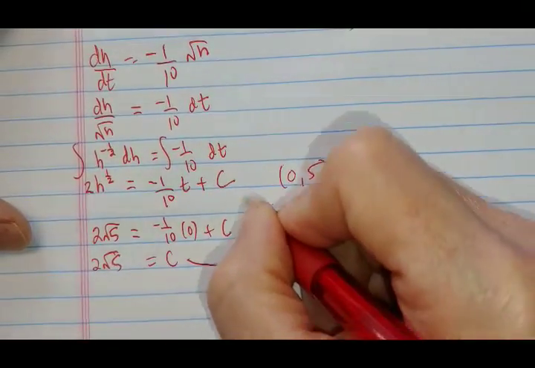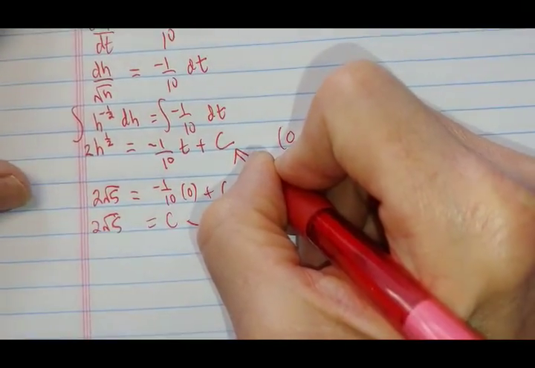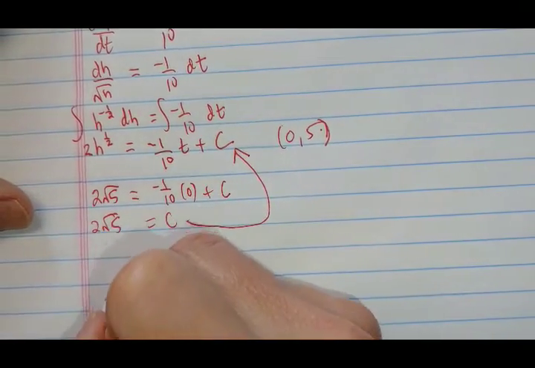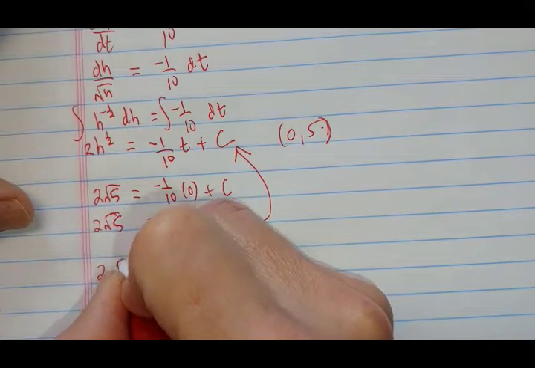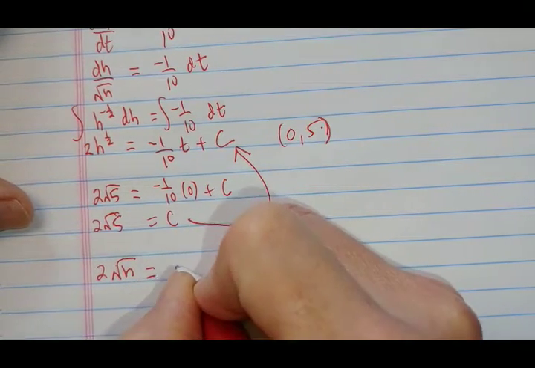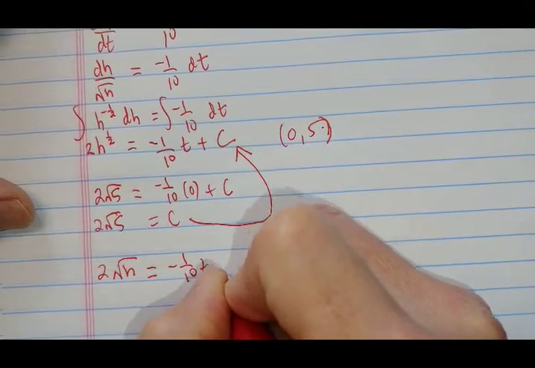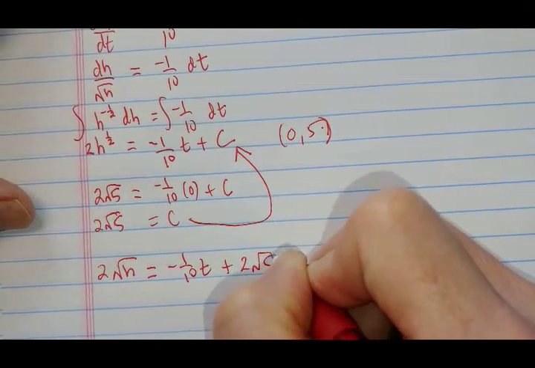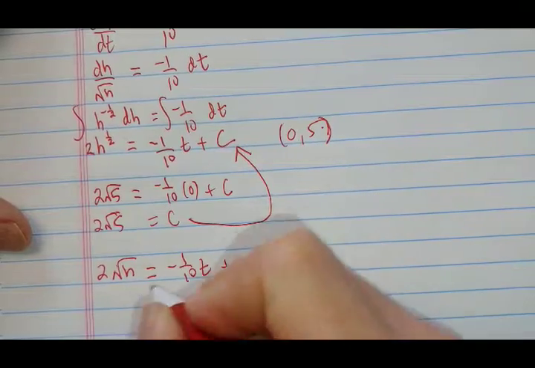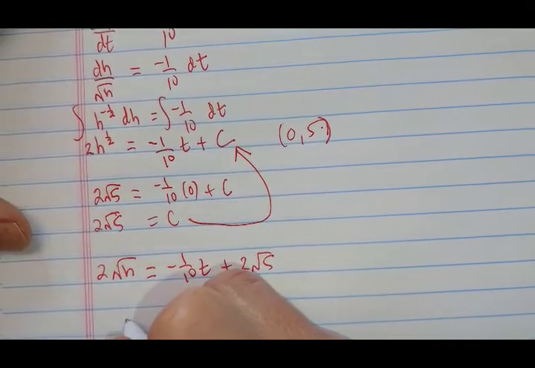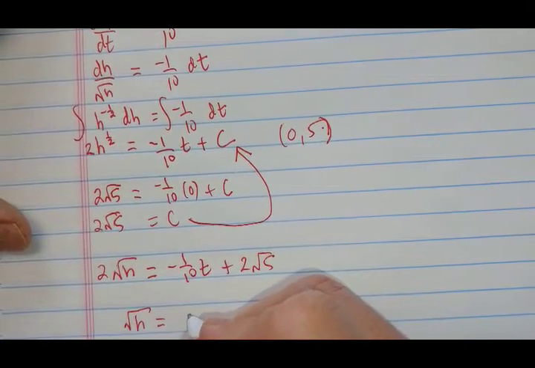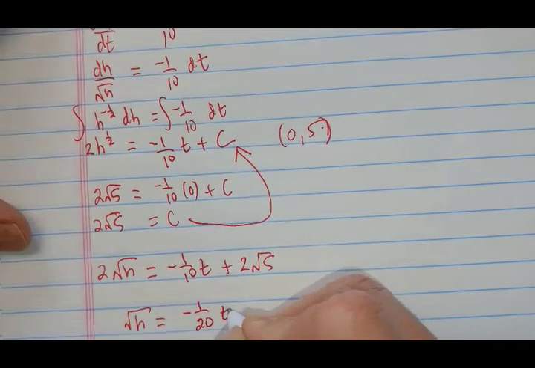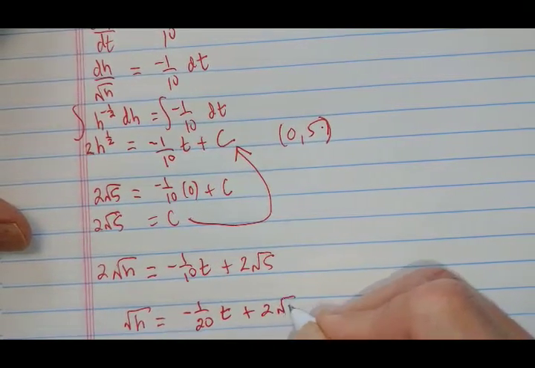I'm going to substitute that back where I left off, which is here. So I have 2 square root of h equal to negative 1/10 t plus 2 square root 5. We're trying to get h by itself, so I'm going to divide everything by 2. Now you can make this ugly or you can simplify it. Square root of h is equal to negative 1/20 t plus square root 5.